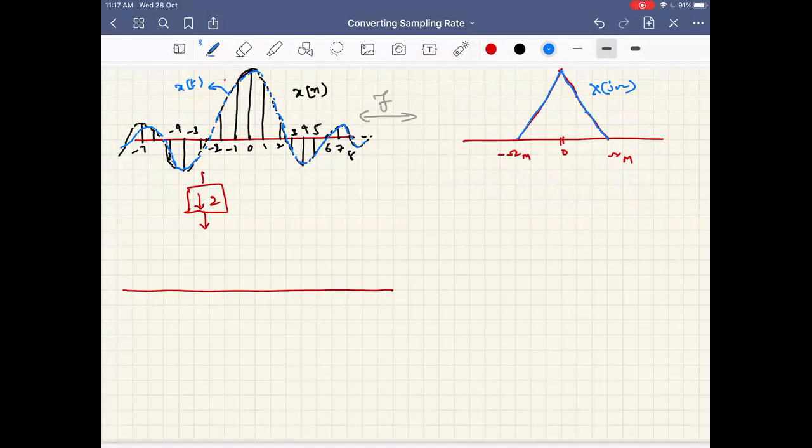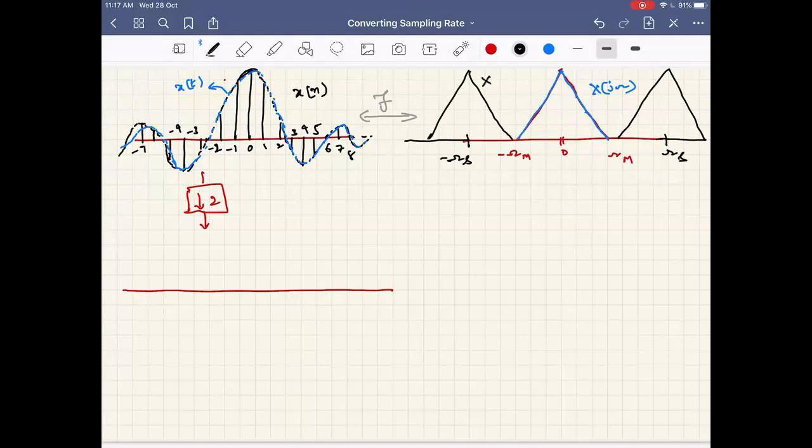However, if we see the spectrum of the discrete signal x of n, or the discrete xs of t, how does it look? As you know, the spectrum of a discrete signal repeats based on omega s, from minus omega s to omega s.